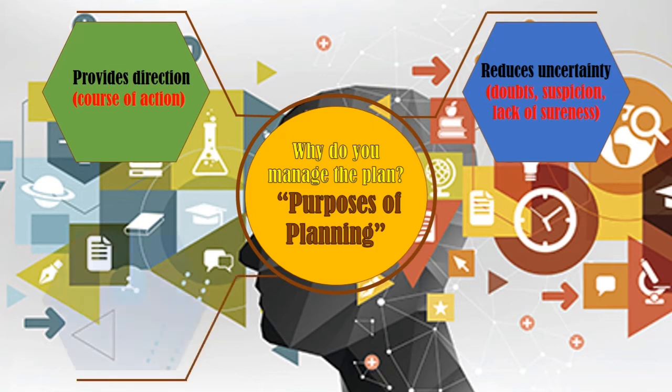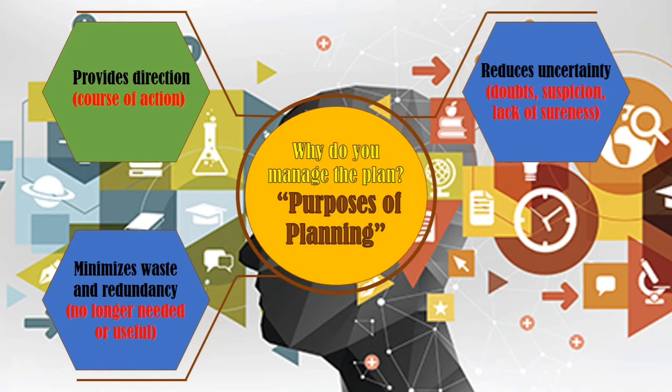Third, planning minimizes waste and redundancy. You are familiar with waste. When we say redundancy, this is those plans or actions that the management think are no longer needed or are no longer useful to use.